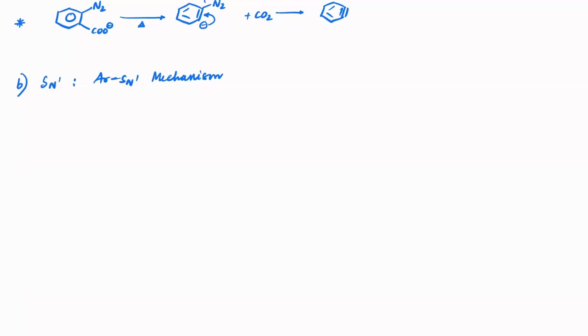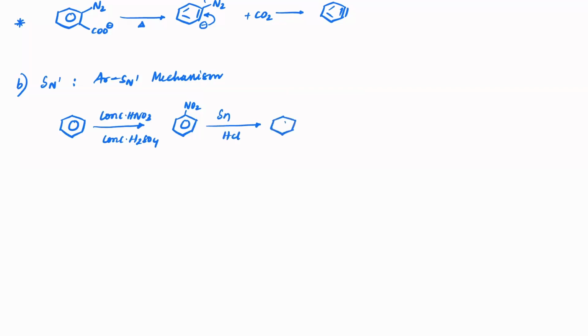Suppose you have benzene and treat it with concentrated HNO3 in the presence of concentrated H2SO4. We know this will give nitrobenzene. And this nitrobenzene, when you react with tin and HCl, will convert into aniline, which is NH2.